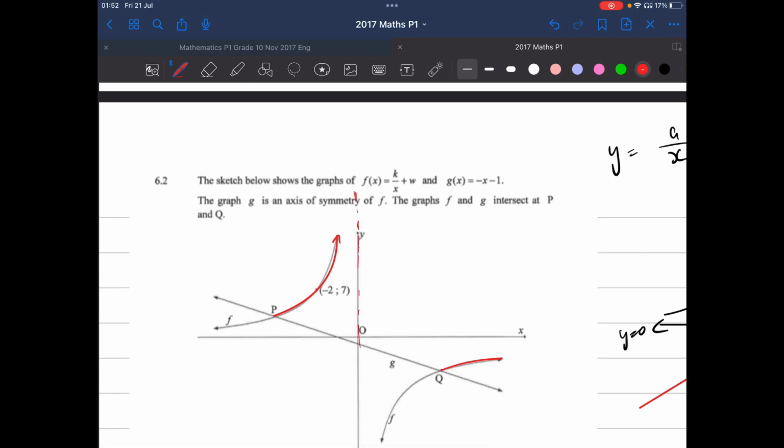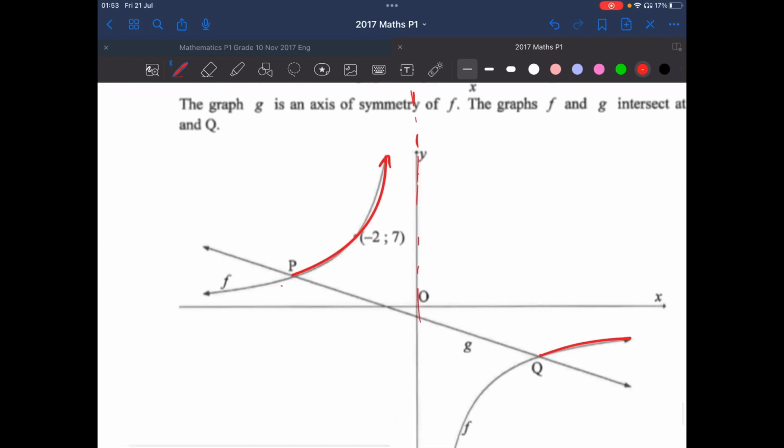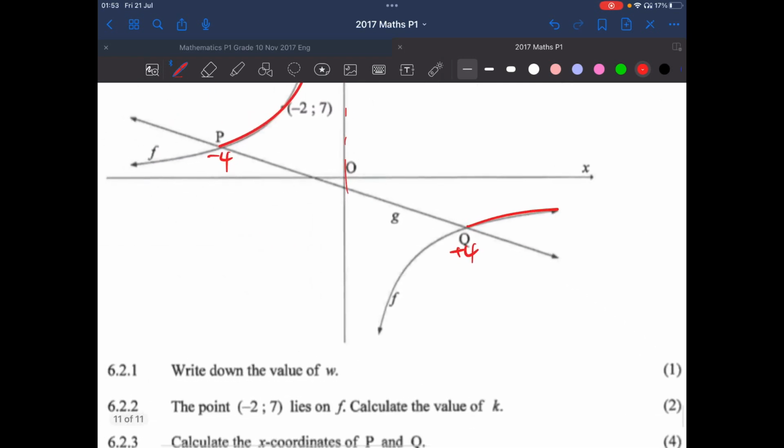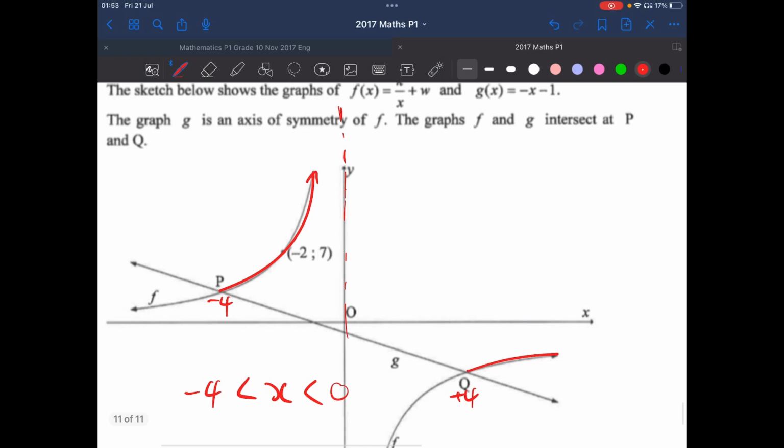It can't move past the y-axis. So this point here was minus 4 and this point here was plus 4. So we can say that x has to be greater than minus 4 but less than 0, which restricts it to before the asymptote.